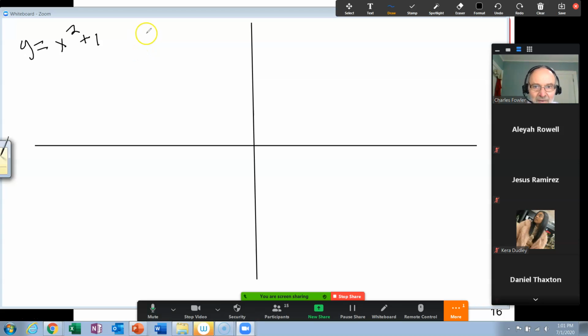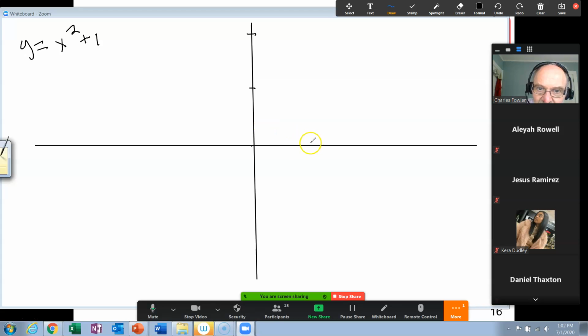Now, let's plot a few points. Well, let's get the rest of it down. y is equal to 0 is the x-axis. x equals 0, that's the y-axis. And x equals 1, that's over here. Let's call this 1 and that 2.